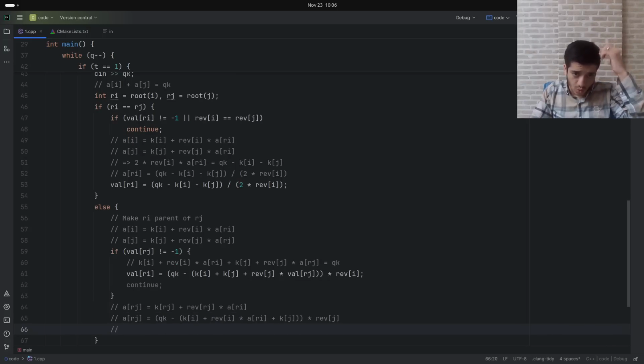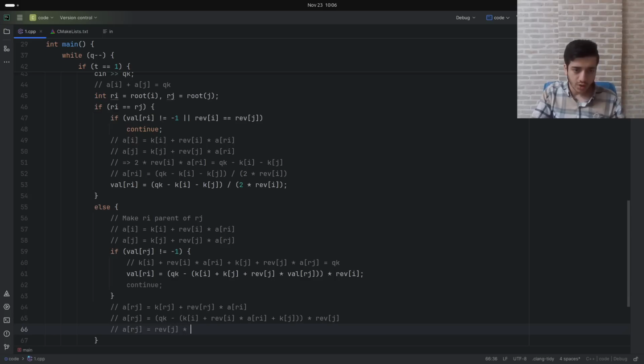So to make it clean, it's gonna be a of rj equals some constant.